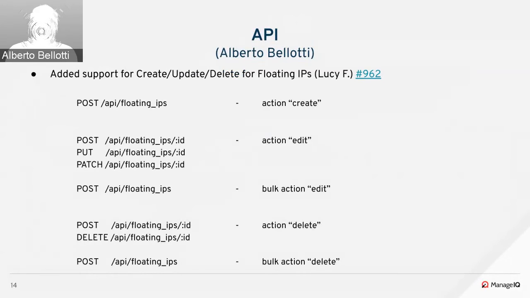For edits, the POST edit action, as well as the PUT and PATCH methods. And we also support the bulk edit with the POST on that endpoint. And for deletes, the delete action as well as the DELETE method, and also supporting the bulk delete action.